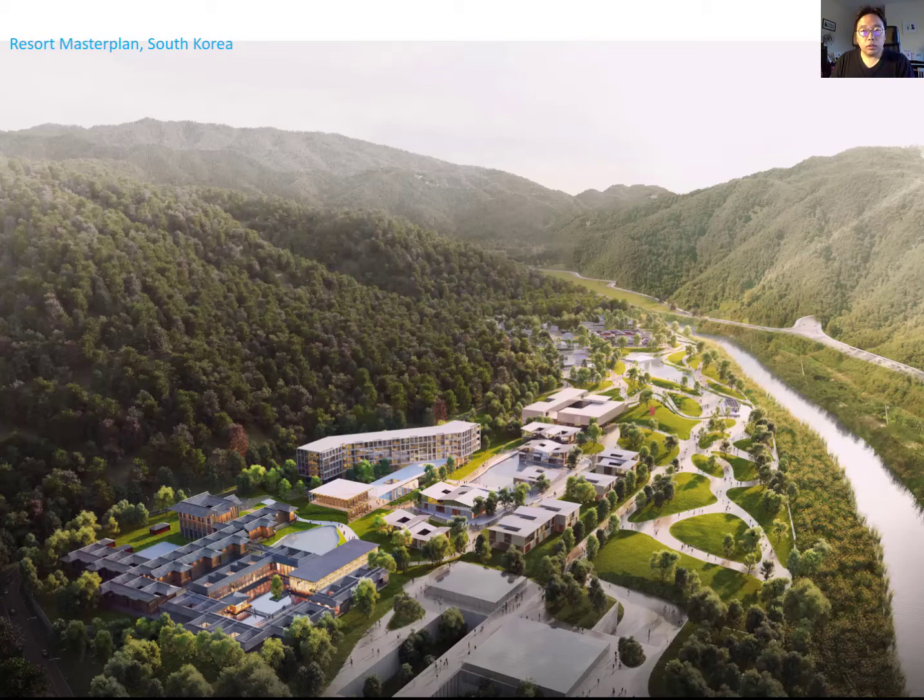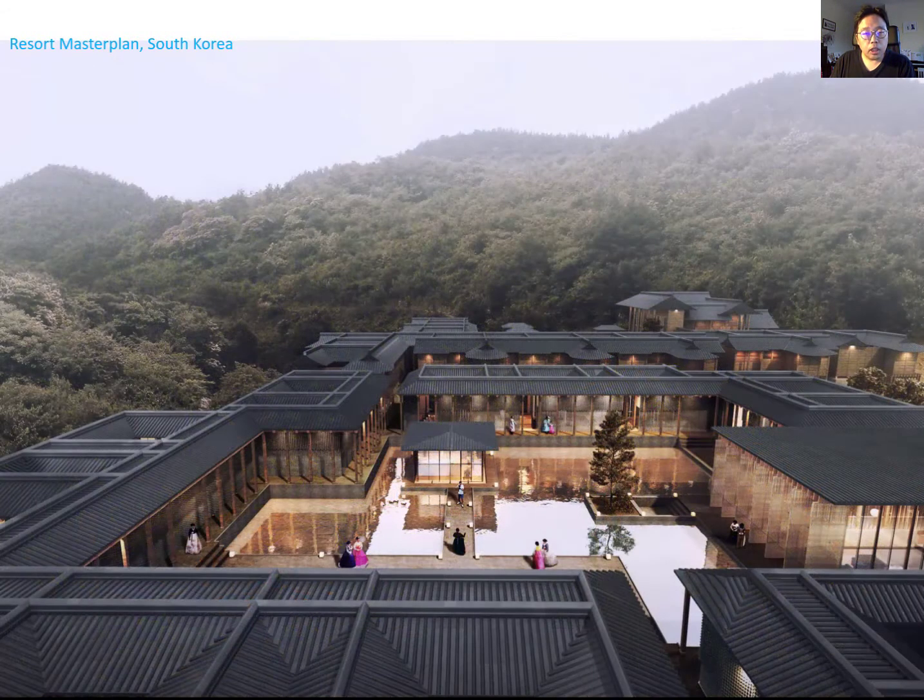From these two requirements, we proposed designing a traditional house type hotel, but very contemporary inside. We try to follow the traditional form and style here. So we're using traditional materials, but they also have to be transferred from the traditional way to a more contemporary modern way.